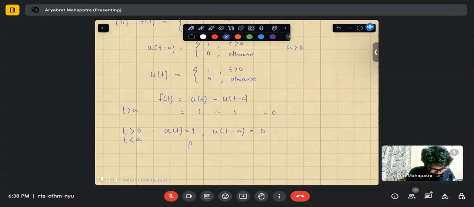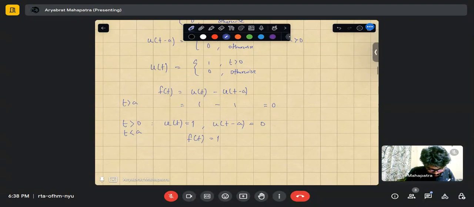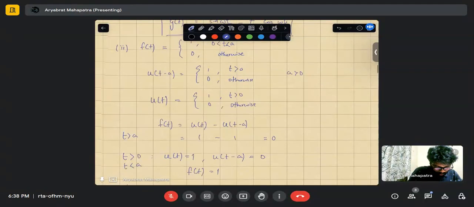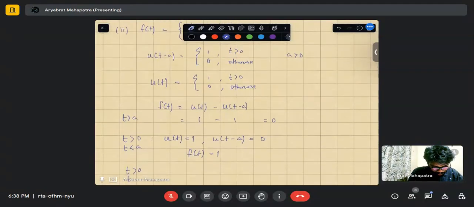So in this case, your f of t is basically 1. These are the conditions, for t greater than a and also t greater than 0.